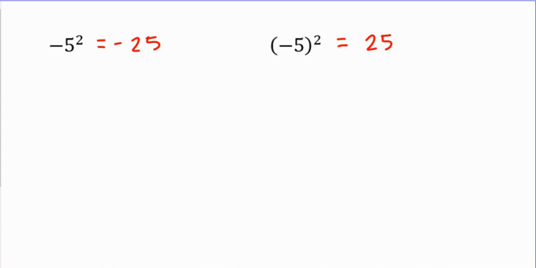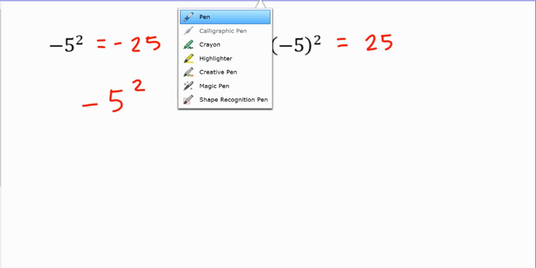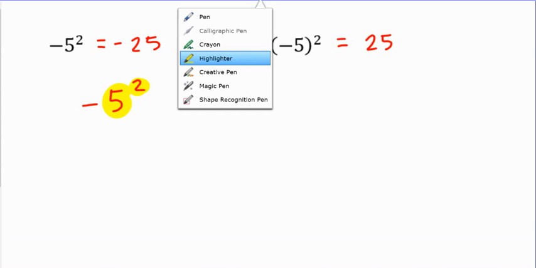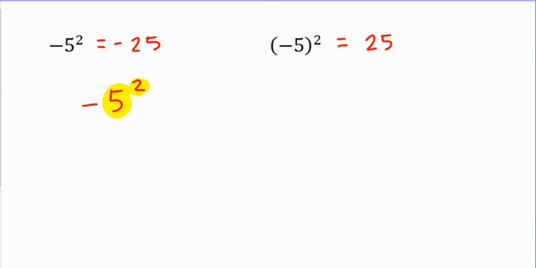So I can't speak for all calculators across the board. It just kind of depends on what you have at home. But good news is we really need to understand this ourselves without a calculator. So I'm just going to rewrite here. If I have -5 squared, this square only applies to this base. It doesn't apply to the -5. That square is only attached to the 5, which 5 squared, I know you guys all know, is 25.